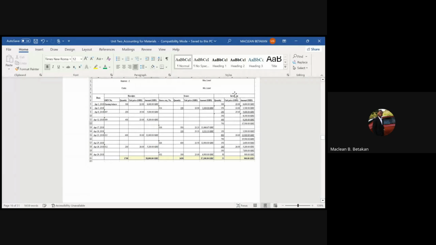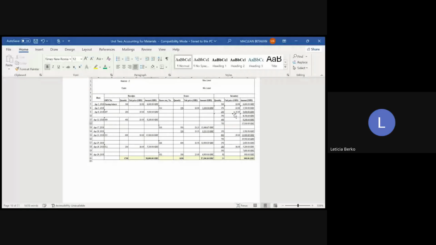So for instance, this total here, 8,300, you divide it by 350. If you divide 8,300 by 350, what will you get?